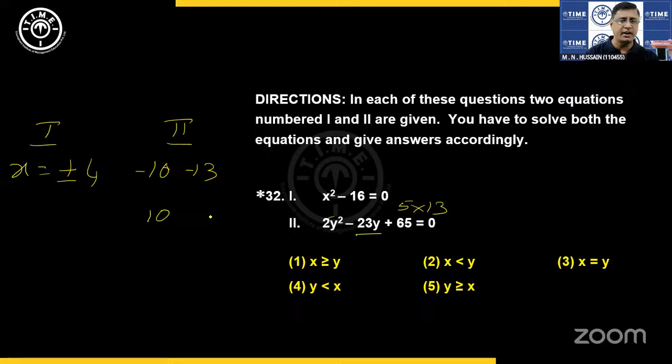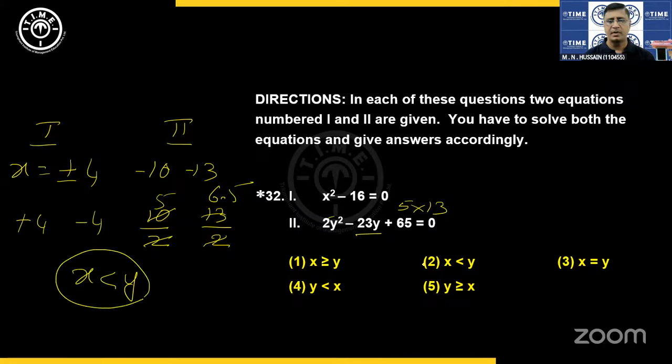Roots are positive 10 and positive 13 by 2, that is 5 and 6.5. Just observe: plus 4, minus 4, both values are less than 5 and 6.5. So x value is less than y. Option number 2, the second choice, is the right answer.